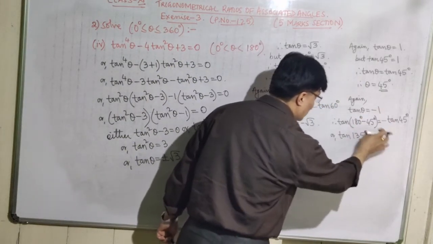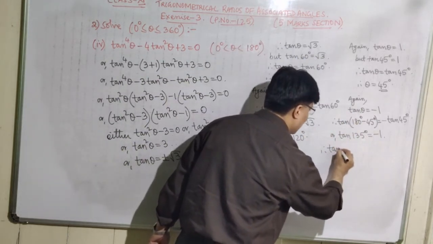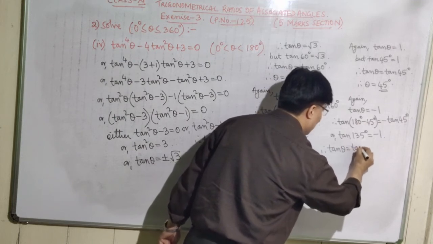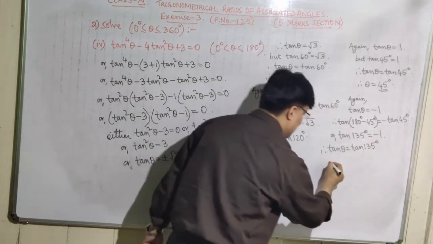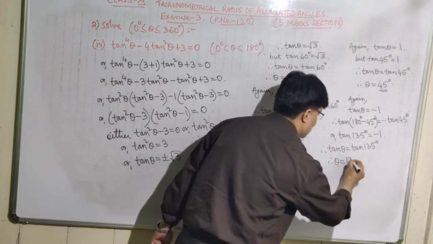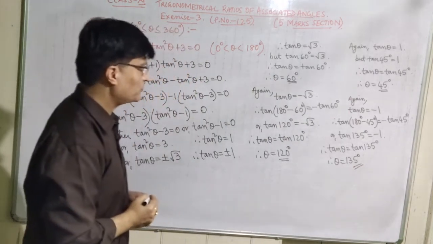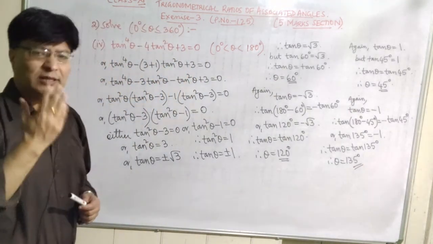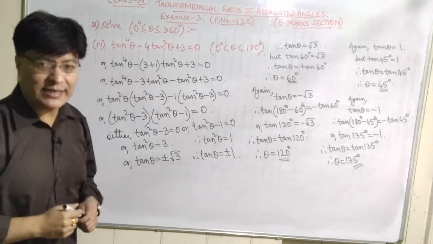If right hand sides are equal, left hand sides must be equal. That is tan theta is equal to tan 135 degree. That is, what is the value for theta? So theta is equal to 135 degree. So we have got all the answers that theta lies within 0 degree and 180 degree.